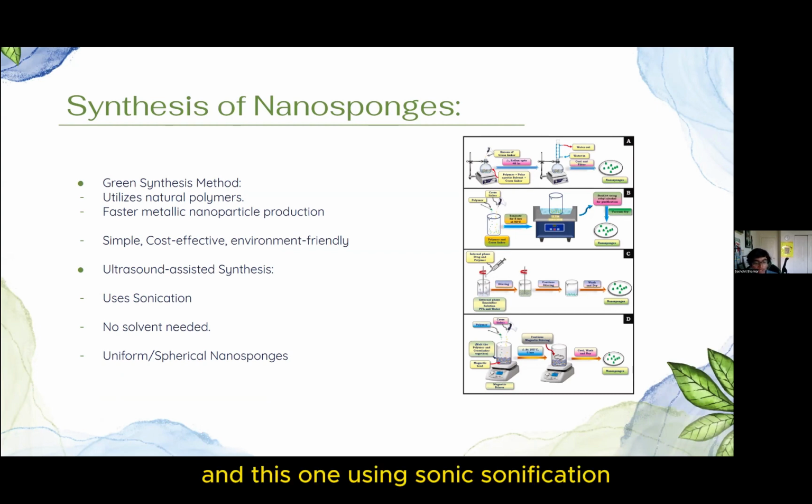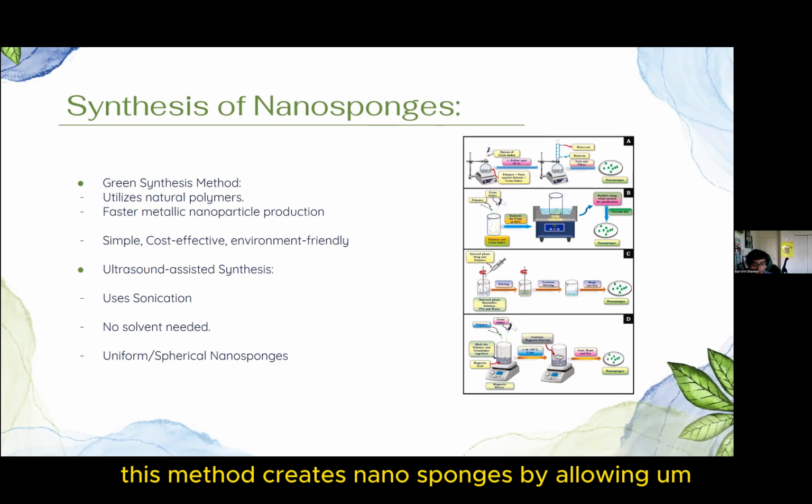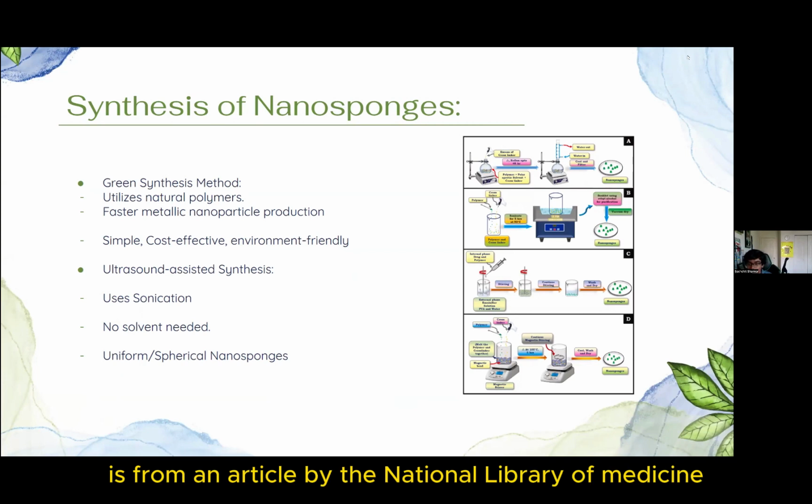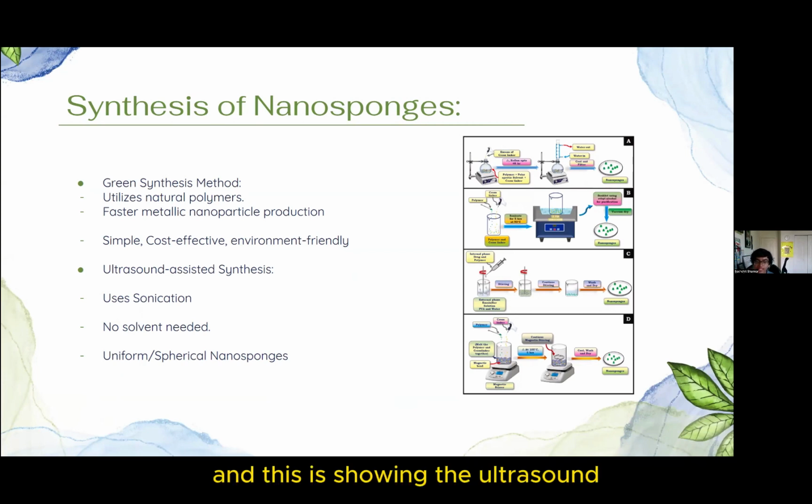Using sonification, this method creates nanosponges by allowing an interaction between polymers and cross-linkers to occur without the need for a solvent. And this is how uniformly sized nanosponges are produced. So I included a figure on the right, and this is from an article by the National Library of Medicine. And this is showing the ultrasound assisted synthesis method.